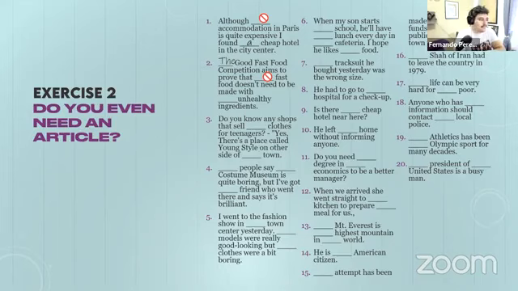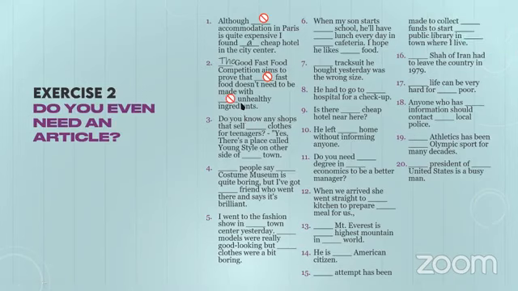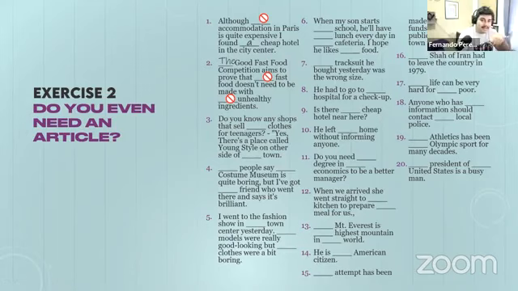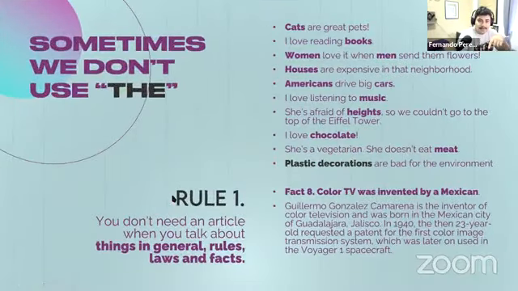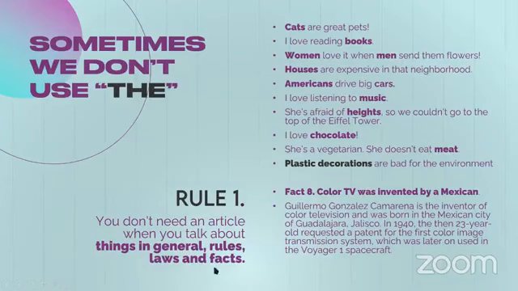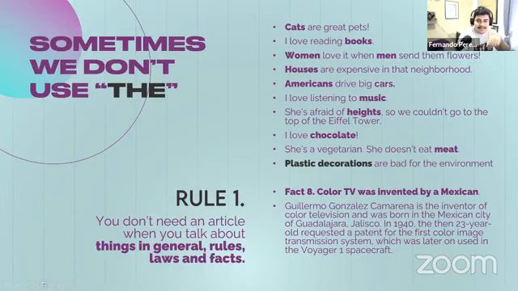The reason here is that unhealthy ingredients is talking about unhealthy ingredients in general. So yes, you were correct. You need to omit the article, because it's rule number one. Rule number one was you don't need an article when talking about things in general, rules, laws, and facts. Got it? You should screenshot this one.